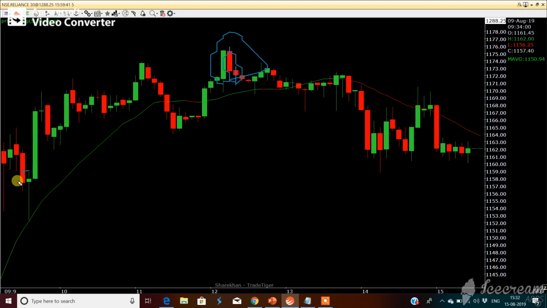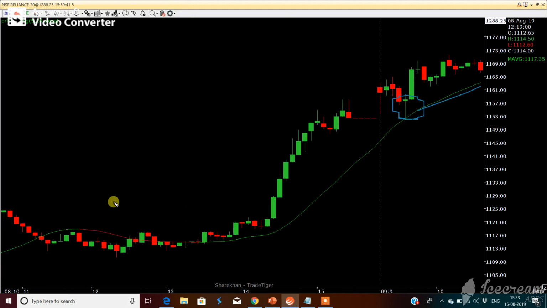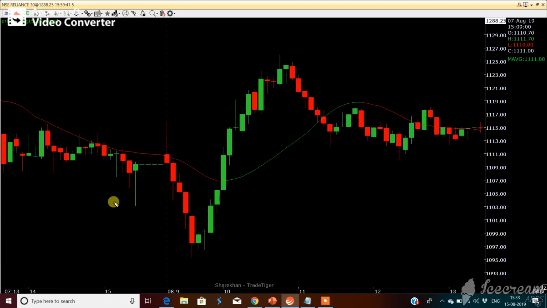You can see this is a beautiful pattern of bottoming tail bar. Here your stop loss was here, and look at the move which you are able to capture. See this beautiful candle. Stop loss was here.